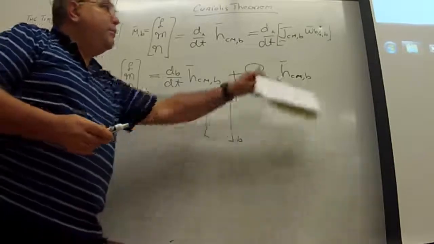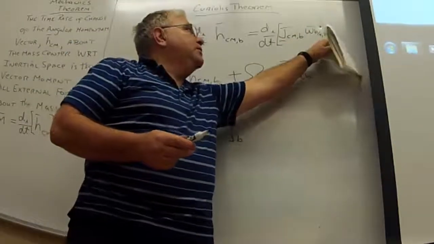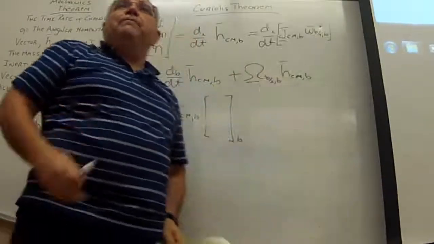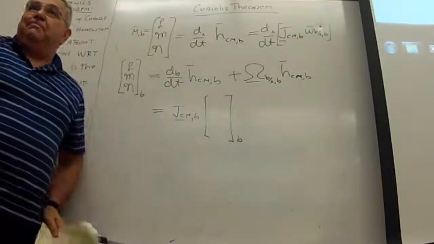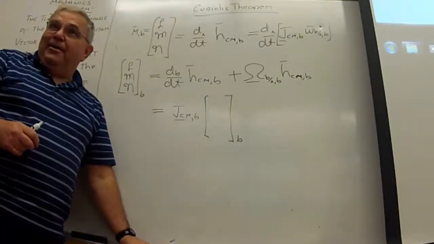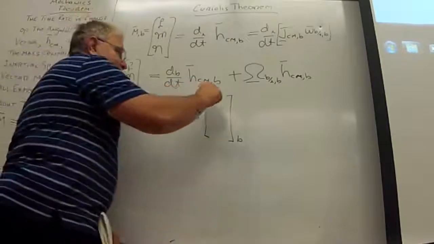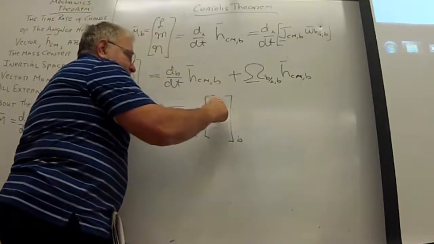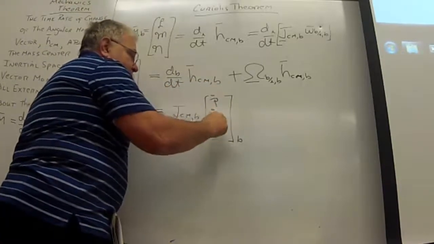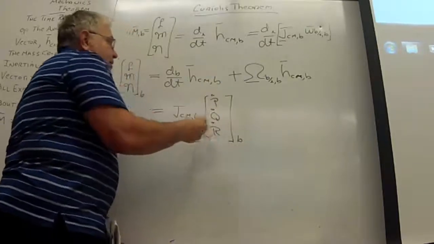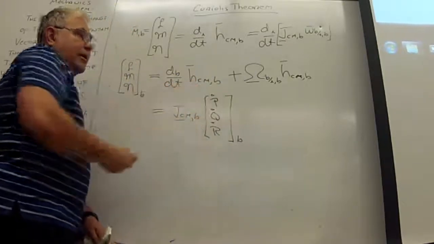If I'm taking the derivative of P, Q, and R in body coordinates with respect to the B frame, what is the answer going to be? P dot, Q dot, R dot, right? It's the pure derivative: P dot, Q dot, and R dot, because I'm taking dB dt and the H is in the body coordinates.